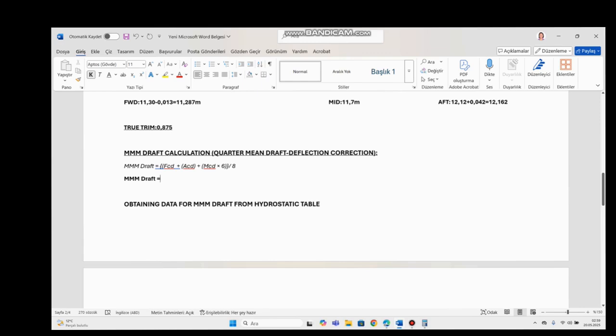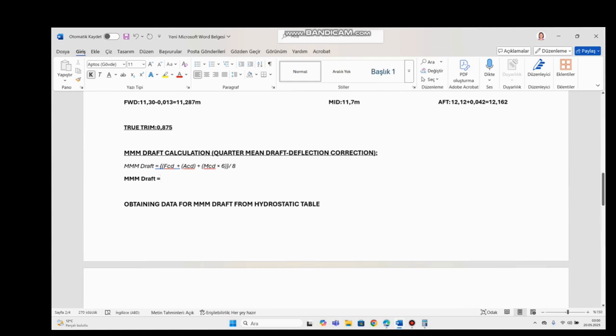Next step is finding mean of mean. The formula of mean is corrected fore draft plus corrected aft draft plus 6 times corrected mid draft, divide 8.